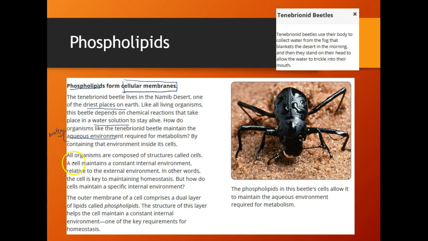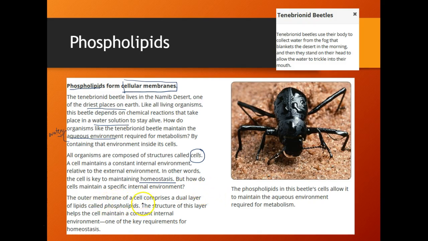So all organisms are composed of structures called cells, and that includes this beetle. And that cell maintains a constant internal environment inside the organism, no matter what the external environment is. So the cell is really essential in order to maintain that balance or homeostasis. So how do cells maintain a specific internal environment when the external environment might be changing?